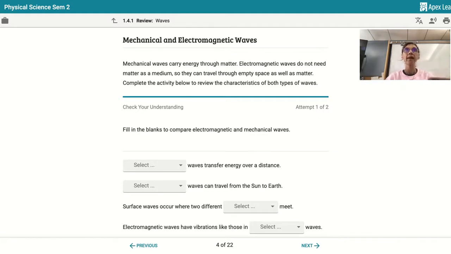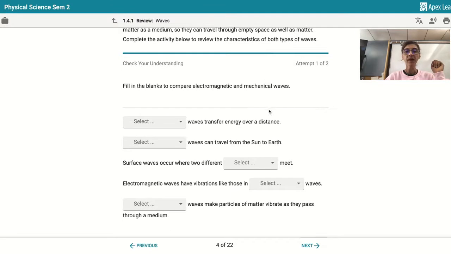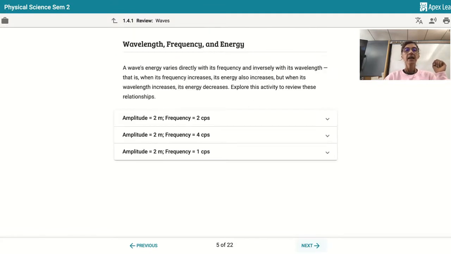They have to vibrate the air molecules in order to move from your instrument to your ear. Electromagnetic waves don't need matter. They can move through matter, but they don't need matter as a medium to travel. They can also travel through what we call a vacuum, which is just empty space. Okay, so you're going to go ahead and complete that for practice.